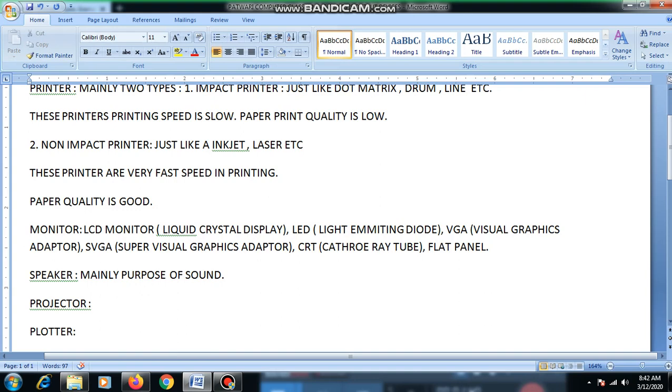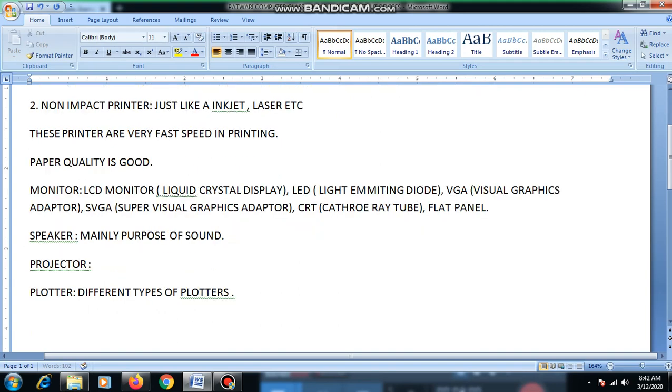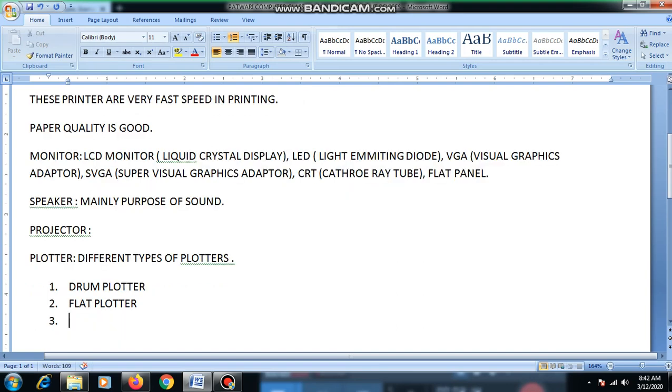Plotters come in many different types. One is the drum plotter, second is the flat plotter, and third one is the handheld plotter.